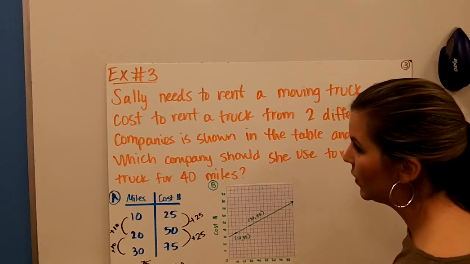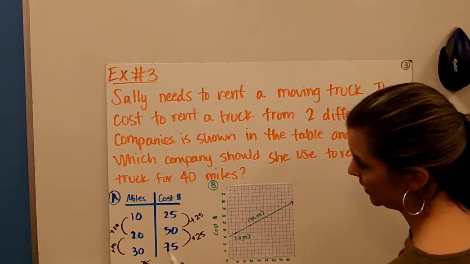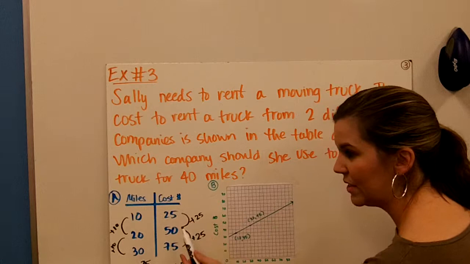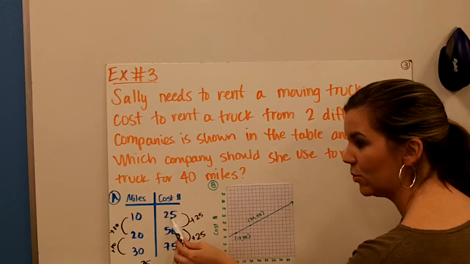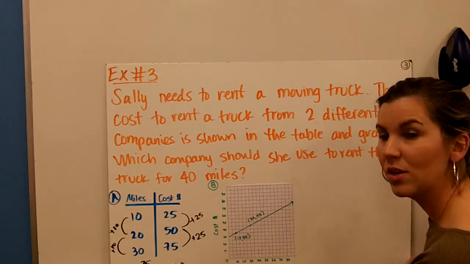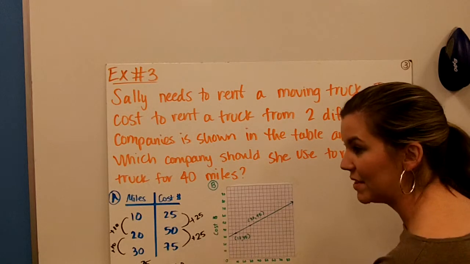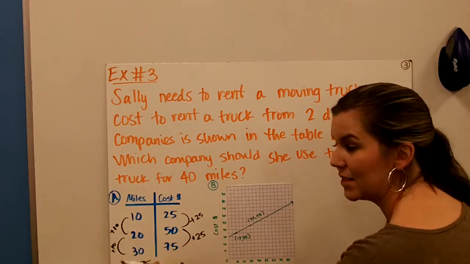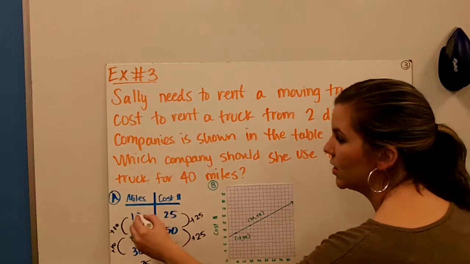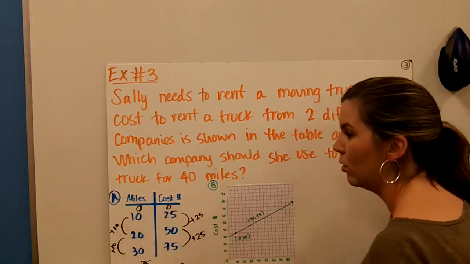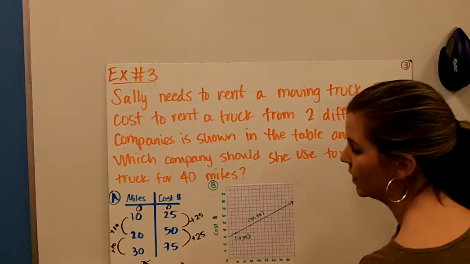All right, and we need to calculate the y-intercept. Now, since you have a table, you could go backwards and say 25 minus the change would be 25 minus 25 is 0, and 10 minus the change, 10 minus 10 is 0. So a previous ordered pair would be 0, 0.